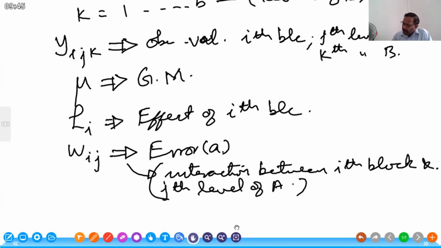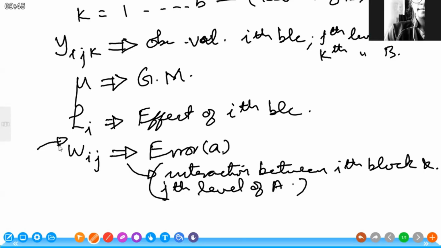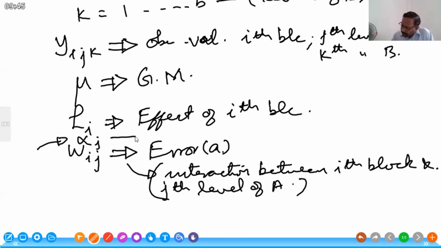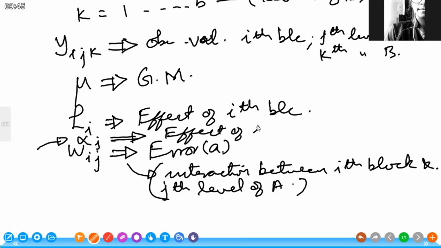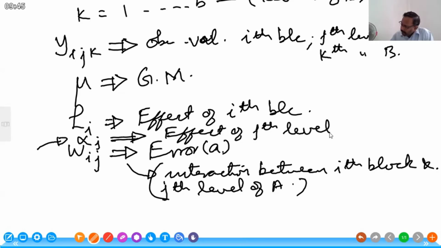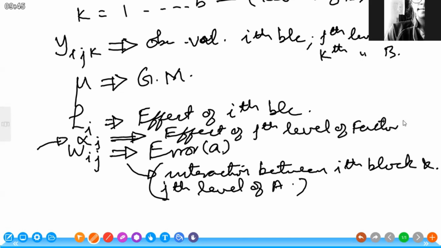Before that, we missed one thing. I can remember now. What is that? In the model, I missed one. Alpha_j. So you write alpha_j first. What is alpha_j? It is the effect of jth level of factor A. Right.